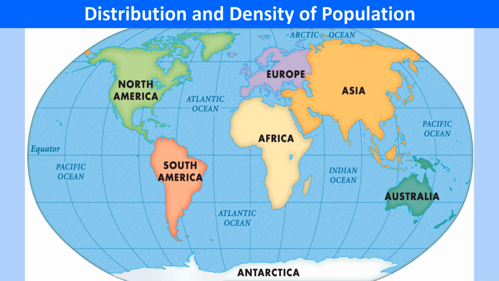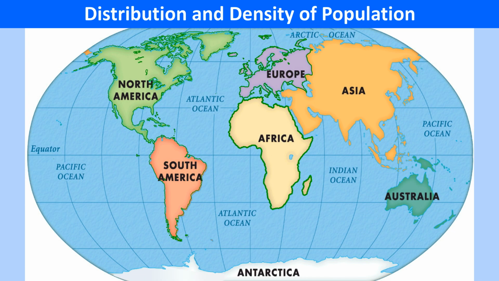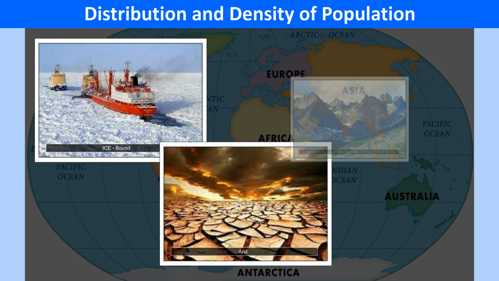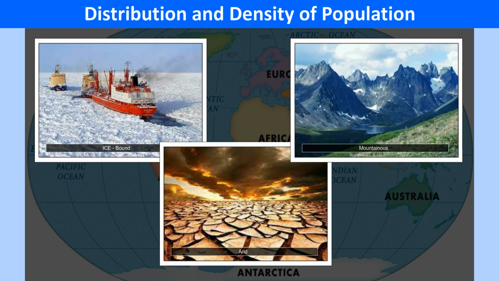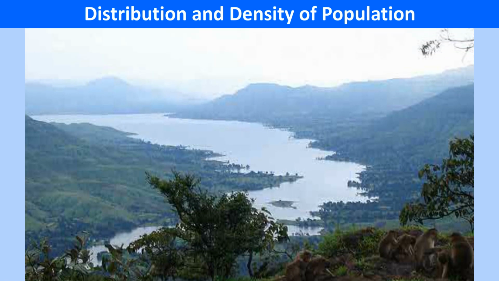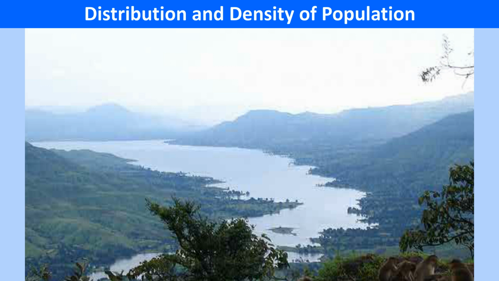See the world map and you will notice that within the continents, the distribution of population is extremely uneven. Areas which are ice-bound, arid, or mountainous have few people compared to the plains and river valleys that have the greatest concentration of population.